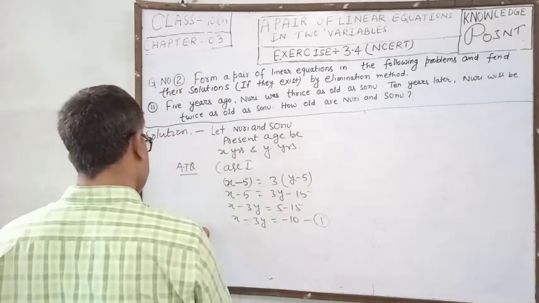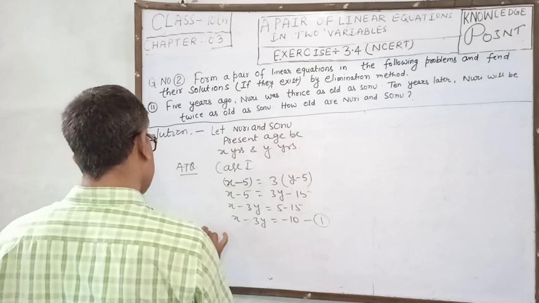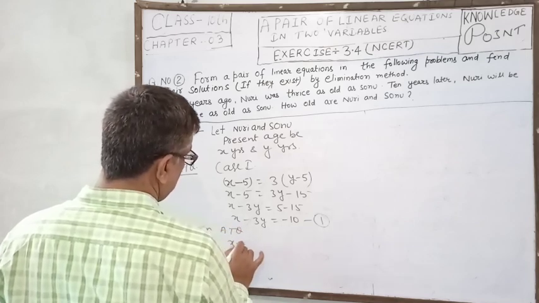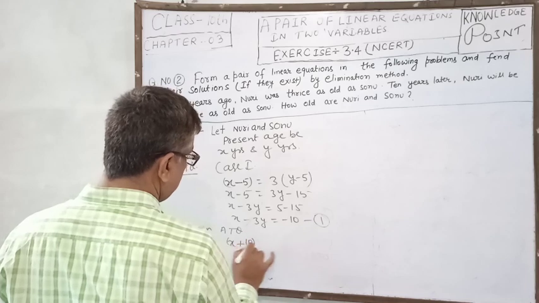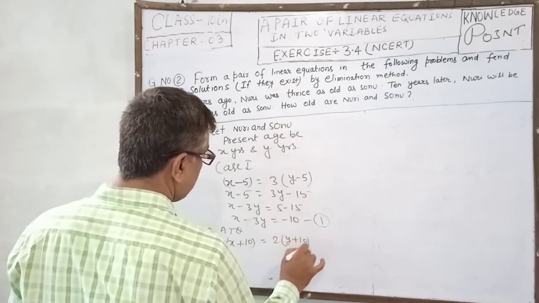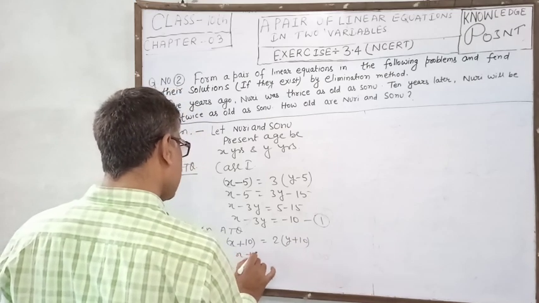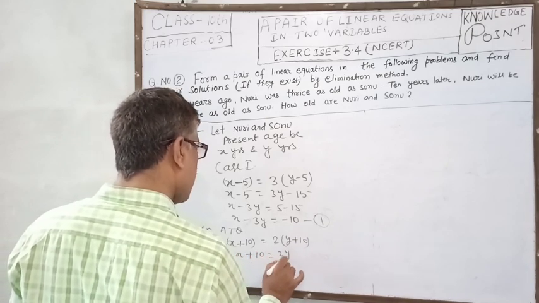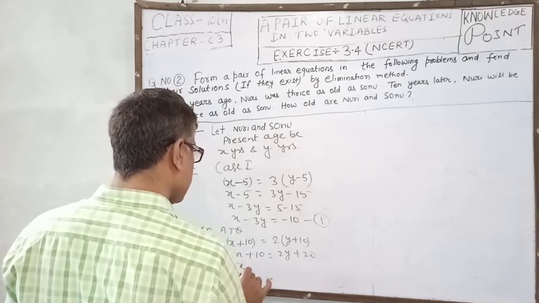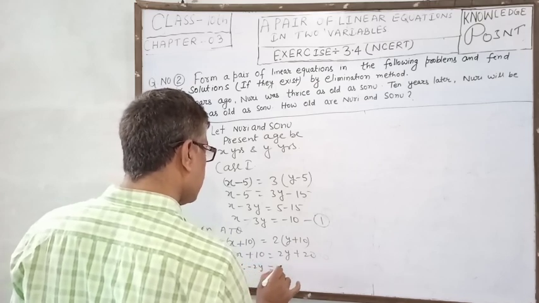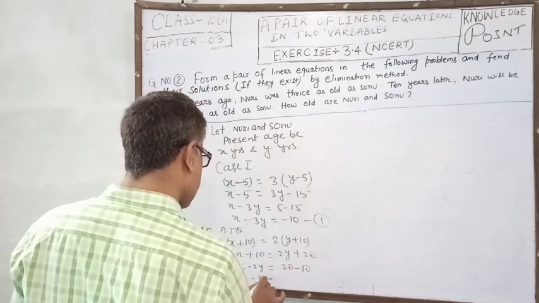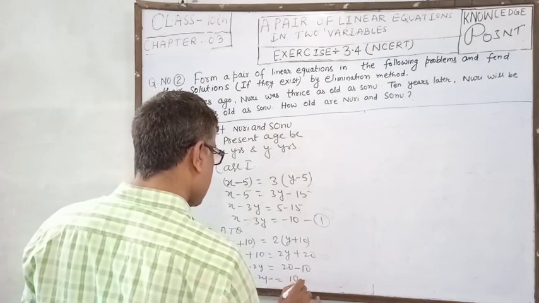Again, according to the question, X plus 10, 10 years later, is twice Y plus 10. So X plus 10 equal to 2Y plus 20. X minus 2Y equal to 20 minus 10, X minus 2Y equal to 10.